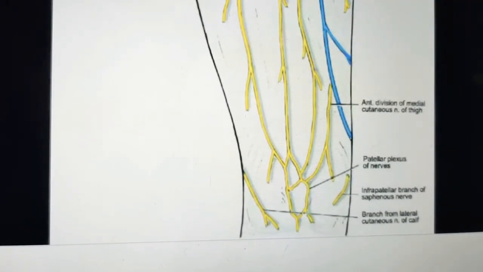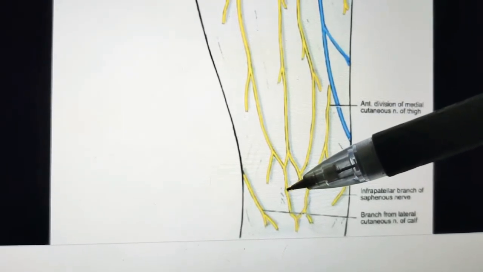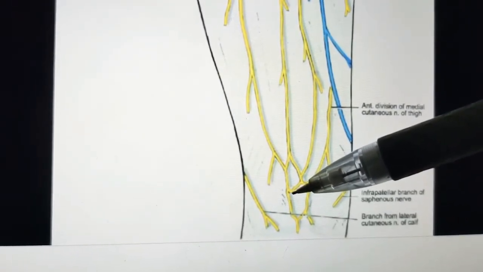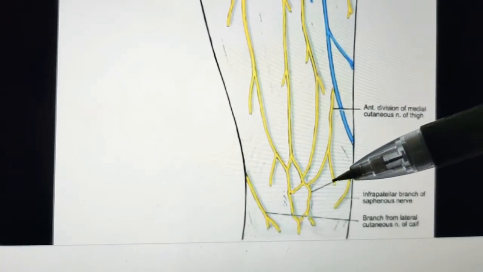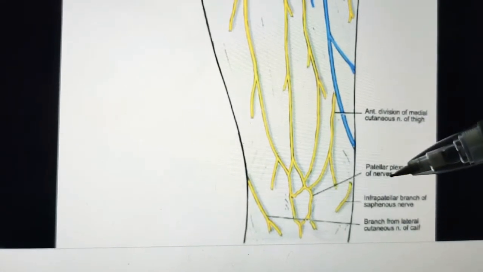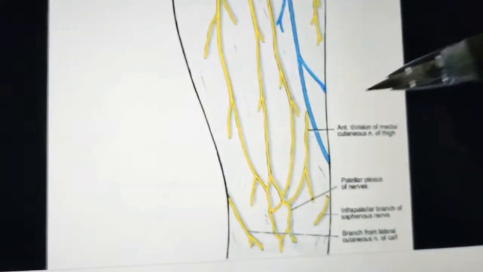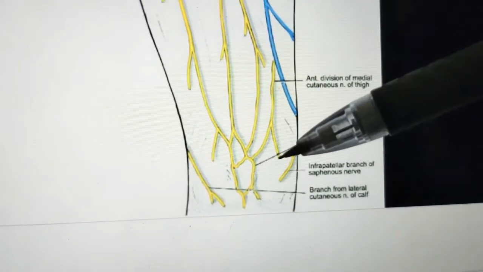So if you see the lateral cutaneous nerve, its anterior division forms it, okay, and also the intermediate cutaneous nerve, and also the anterior division of medial cutaneous nerve, and also the infrapatellar branch of saphenous nerve. So what is the question now is, what are the nerves which are participating in patellar plexus? Very easy.